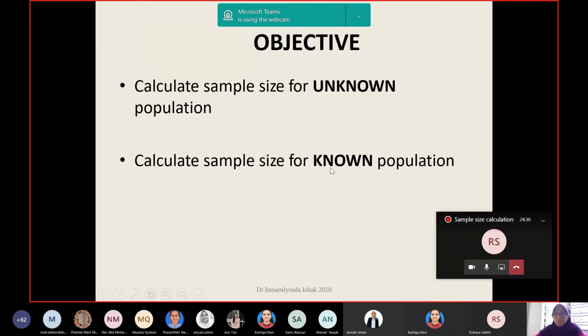But for known population, this is like if you want to study a specific population, for example, in Universiti Kebangsaan Malaysia, among Faculty of Health Science students. So you know that the population is around 1,000 or 2,000. You know that population. So this is for known population. This is for unknown population.